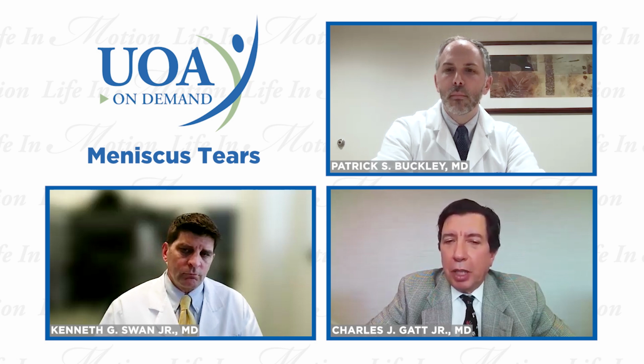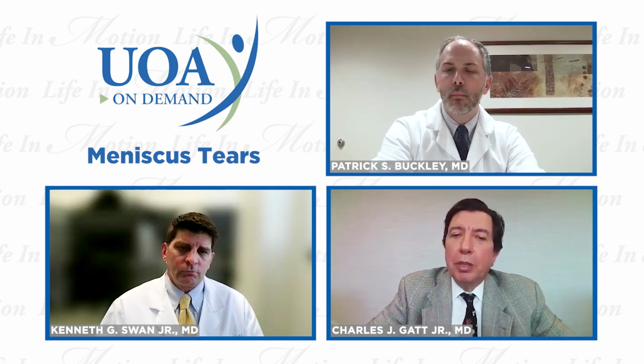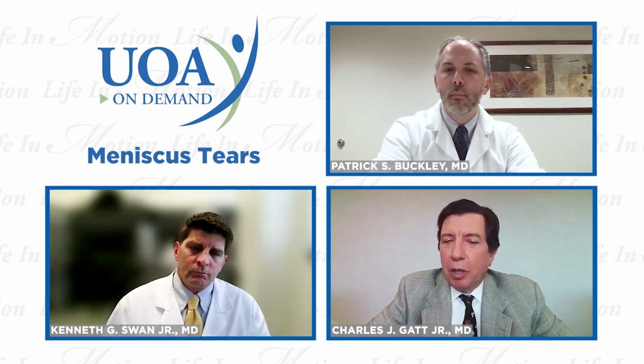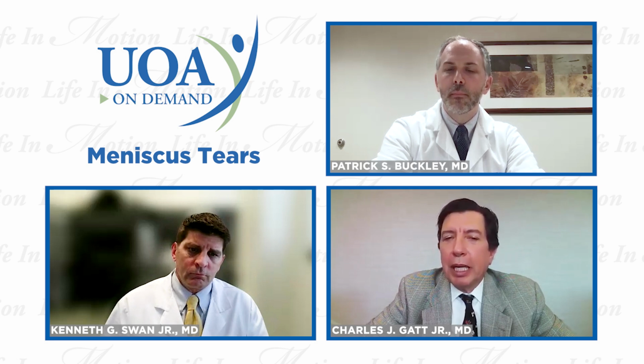So it is a bit of a judgment call, and the younger the patient, we maybe push the limits a little more to try to get it to heal. We're talking about the teenage to 20, 25-year age group. The older they get, we may err on the side of taking it out if the quality of the tissue isn't particularly high and the location of the tear isn't just right.